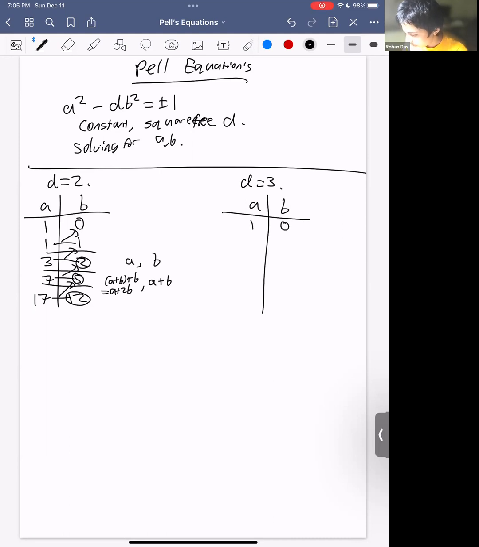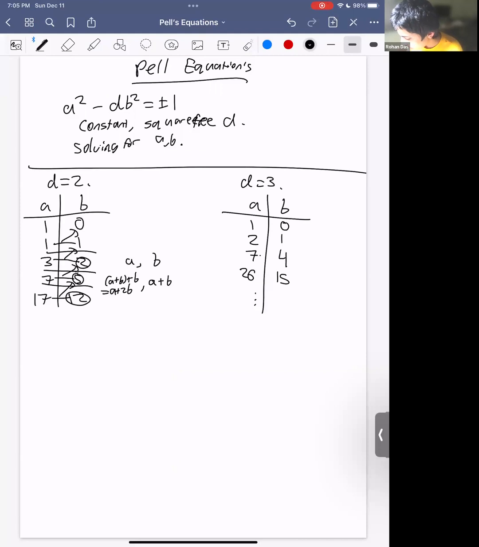Now we can look at d equals 3. Again, 1, 0 is a solution because 1 squared minus 0 is just equal to 1. And another solution is a equals 2 and b equals 1. Then from here, another solution is 7, 4, and then after that, there is going to be 26, 15, and this continues.